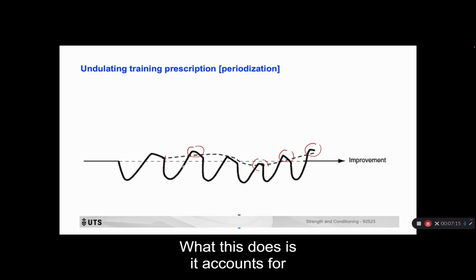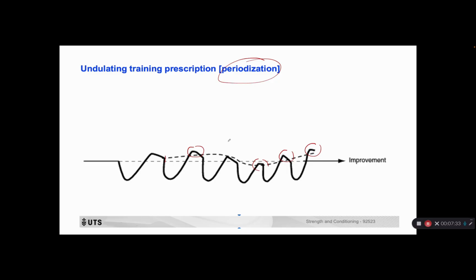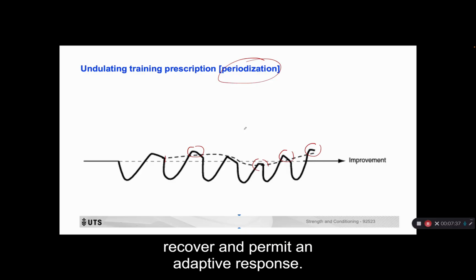And so what this does is it accounts for periods of high work and low work, and therefore it accounts for periods of low rest or recovery and high rest and recovery. And the concept of periodization really is about the distribution of work and recovery, and accounting for your ability to recover and permit an adaptive response.